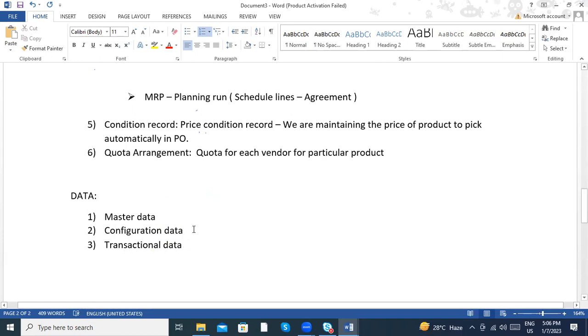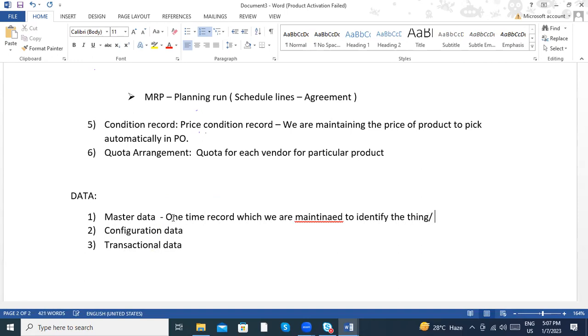Configuration data and master data, I think you already understand. It is a one-time record which we maintain. So this is the master data.